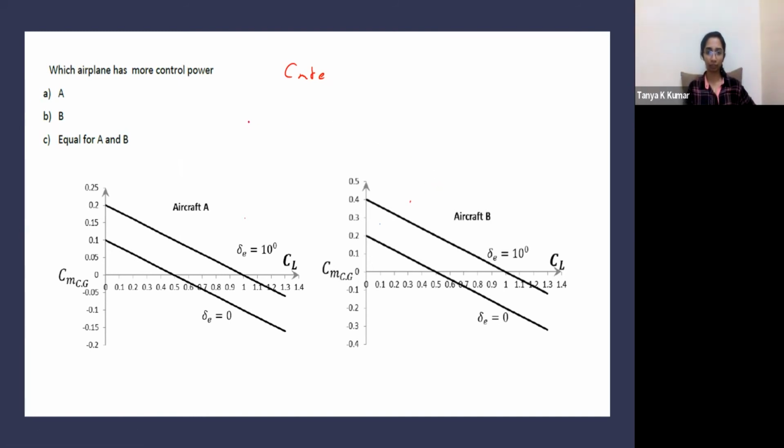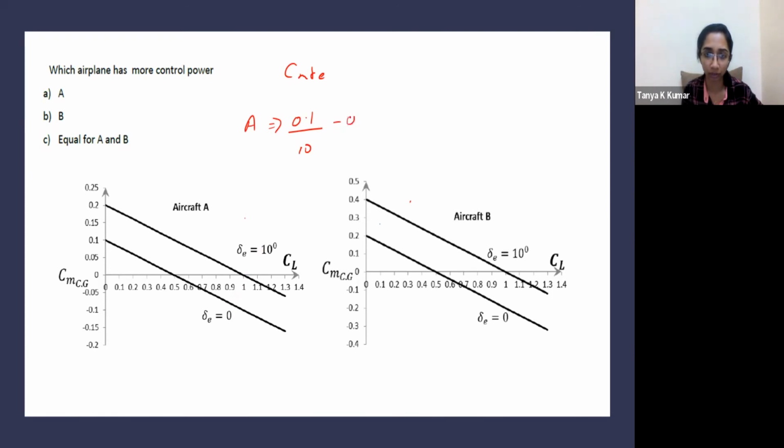So let's calculate for aircraft A. We'll take it at this point. Change in Cm is 0.1, and the change in elevator deflection is 10 minus 0, that is 10. This is the first slope.